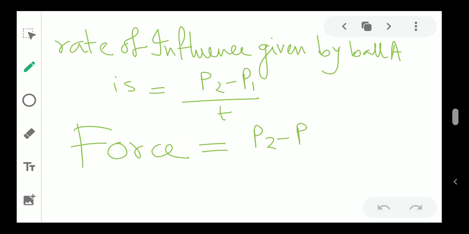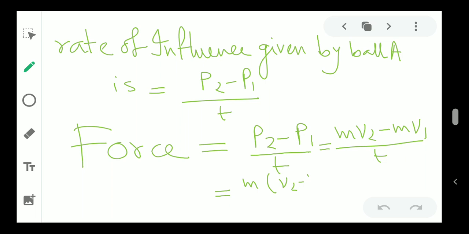So this is P2 minus P1 by T, which I can write as mv2 minus mv1 by T. Further I can write m into (v2 minus v1) by T, and this is nothing but your acceleration. So this is m into a. So the famous equation that we are getting right now, F equal to m into a, comes like this.